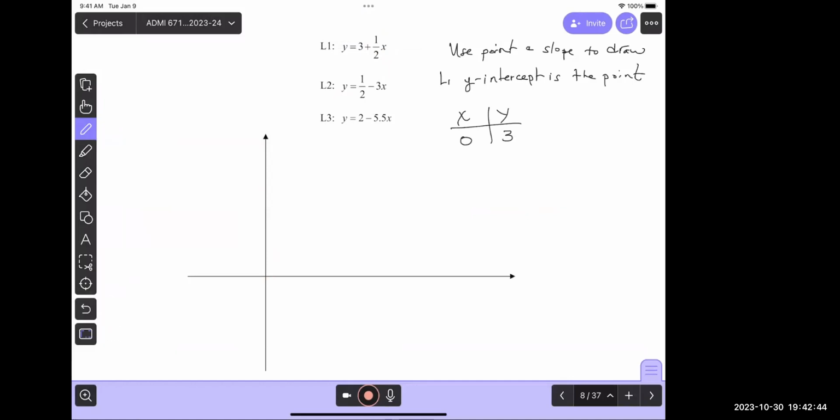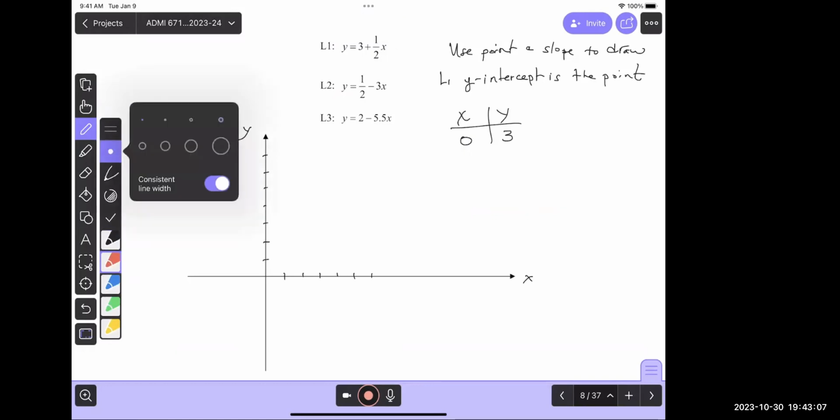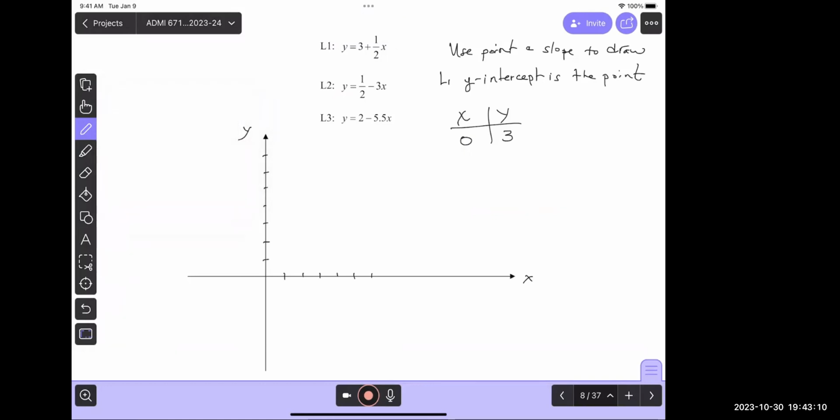Three. Right. So that's my point. So I'm going to plot it. I'm going to put a dot. X is 0, y is 3. So that falls on the line. I know that. Now from that point, I use the slope to find another point, and then I can draw the line. So what's the slope?